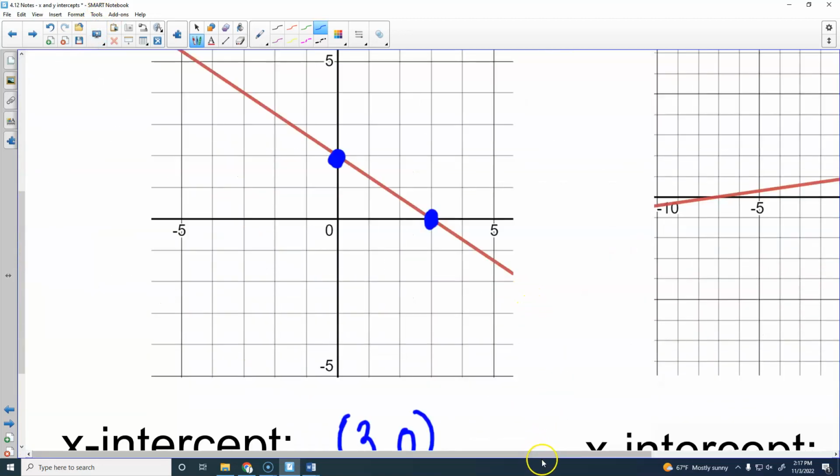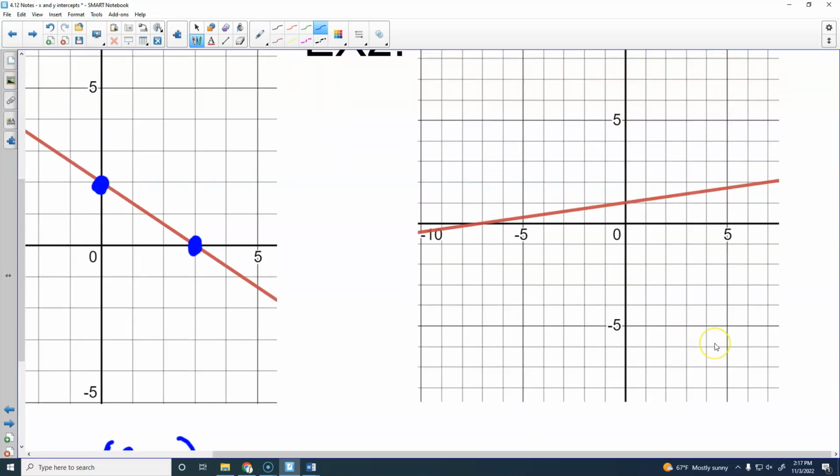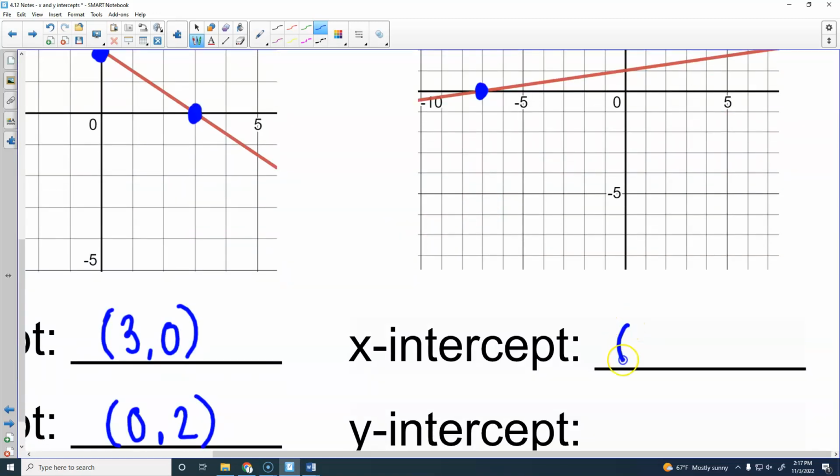Ooh, that's really close. All right, that's as good as I can get on zooming in for that graph. So if we were looking for the x-intercept for this graph, it falls right here. I know yours is not perfect on your graph. Ian, what are the coordinates of that point? -7, 0.